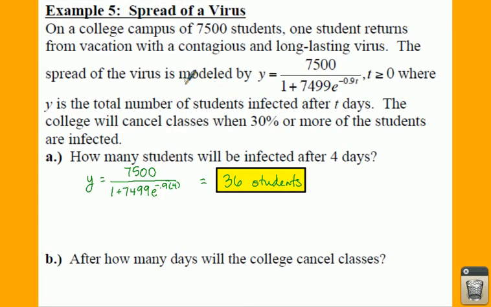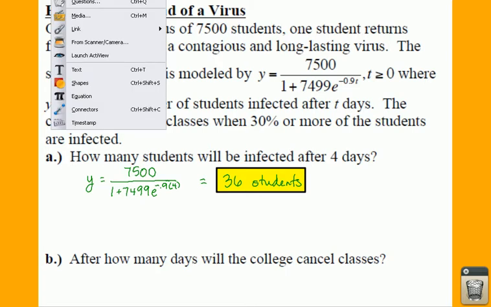Okay, now after how many days will the college actually cancel classes? So we want to figure out 30% of the population. So when we set up part B, we're going to have to take 30% of our original population. So we're going to go 0.3 times 7,500, and we're going to have to figure out what our t is.